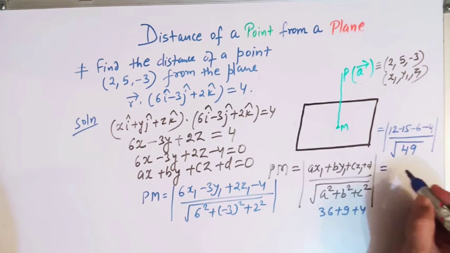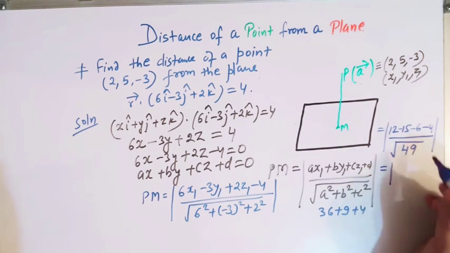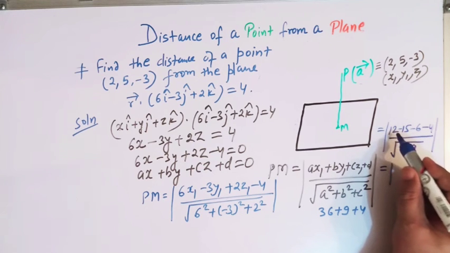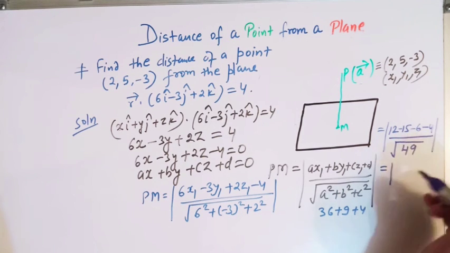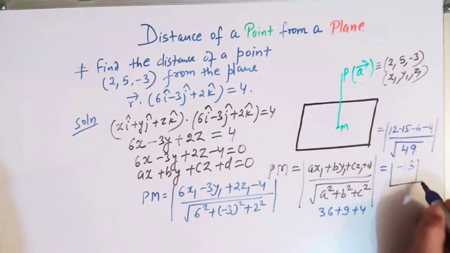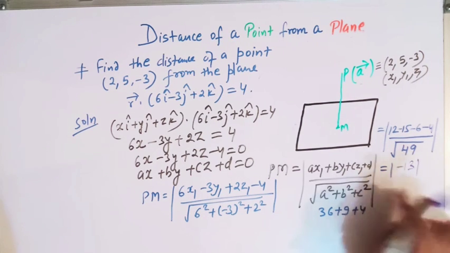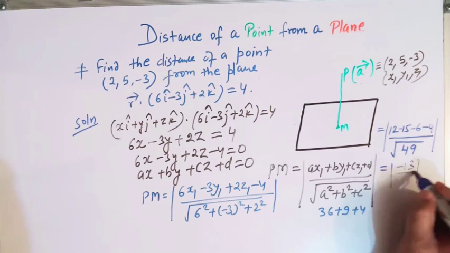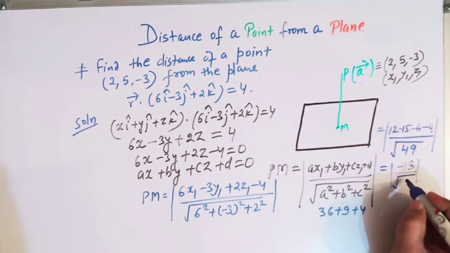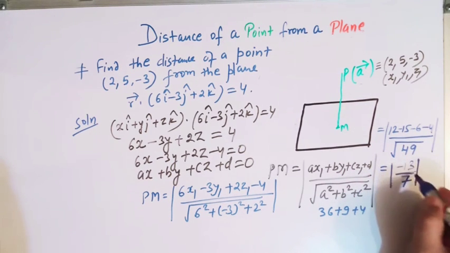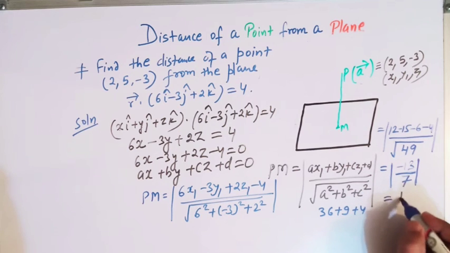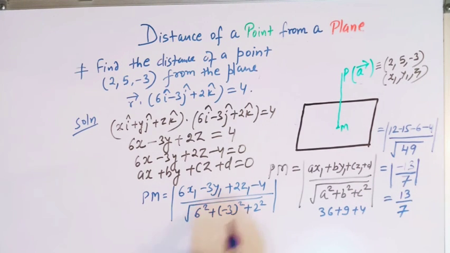If we solve it, 12 minus 15 is minus 3, minus 6 minus 9 minus 13, right? Minus 13 divided by square root of 49, that is 7. Now this can be written as 13 by 7. So the distance of this point from this plane is 13 divided by 7.